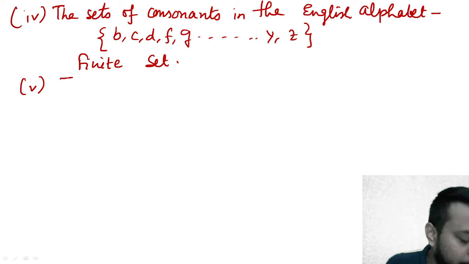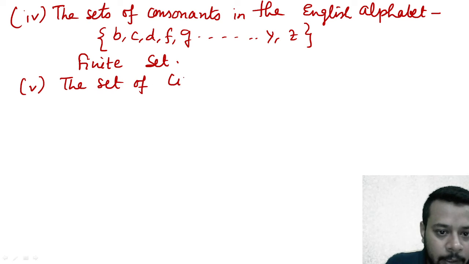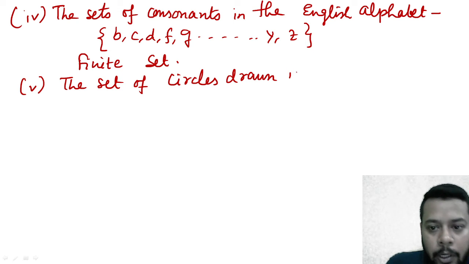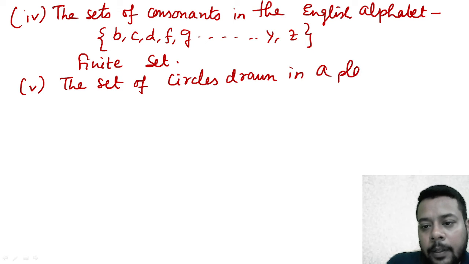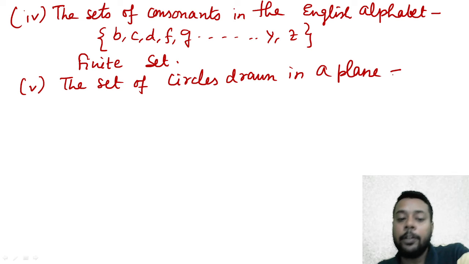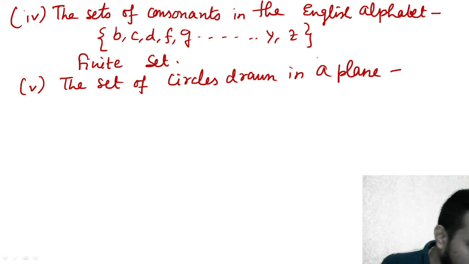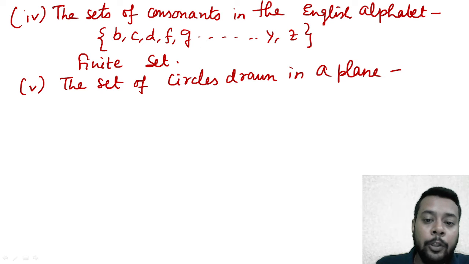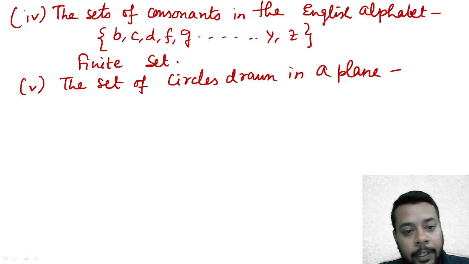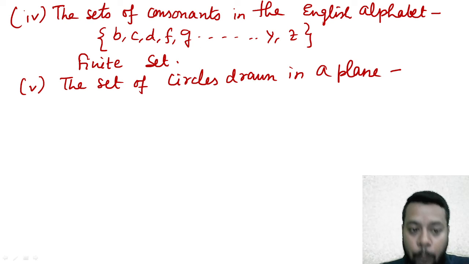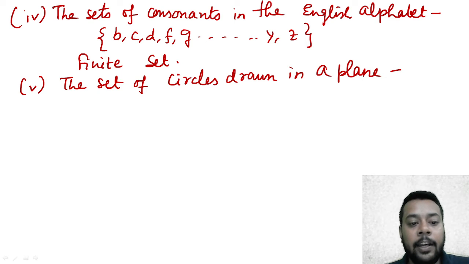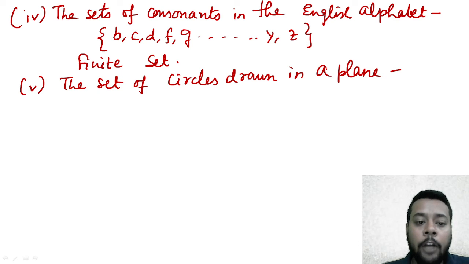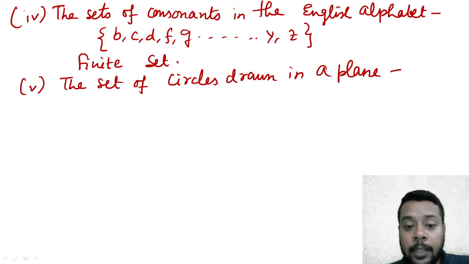If I talk about number 5, the set of circles drawn in a plane. This is a very important question. In a single plane, we can draw infinite points, or infinite straight lines, or infinite circles.